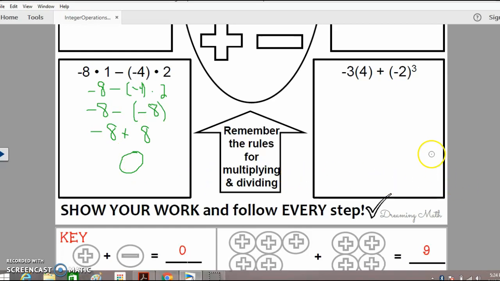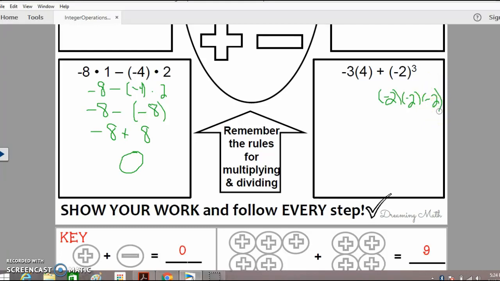Excellent. We're almost done. Hang in there with me. The next one, I see parentheses, but we can't evaluate anything in them. I do see an exponent, so let's take care of that first. And this gets a little crazy. That means it's negative 2 times negative 2 times negative 2.